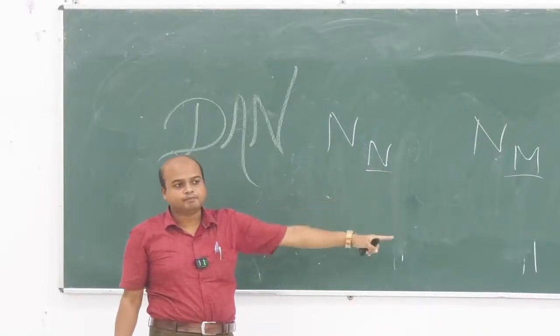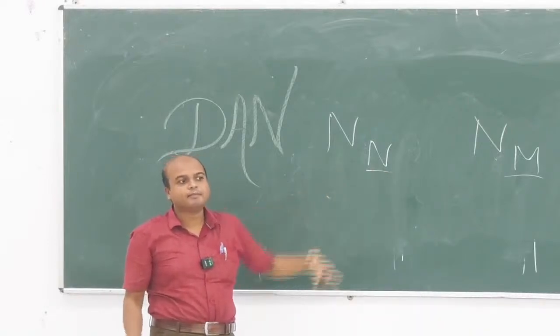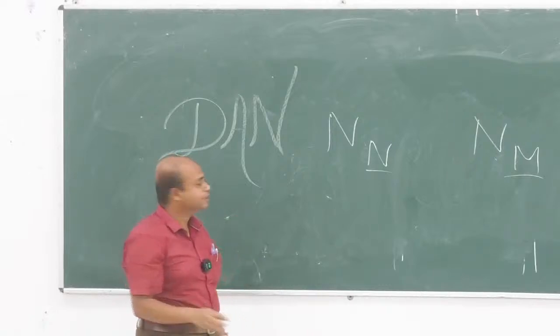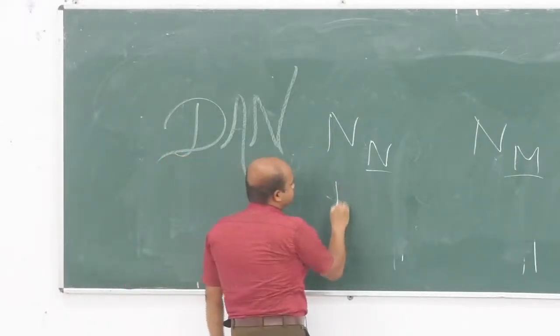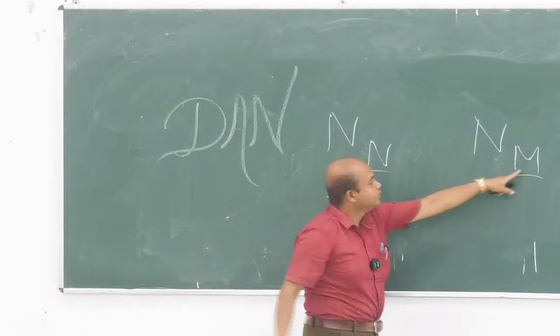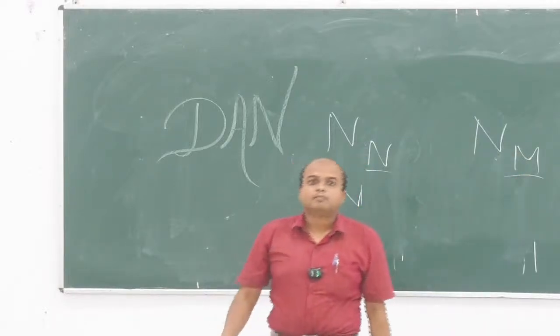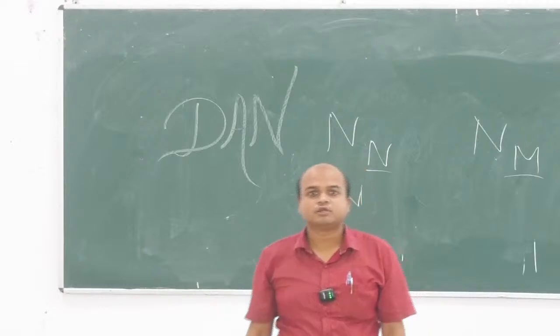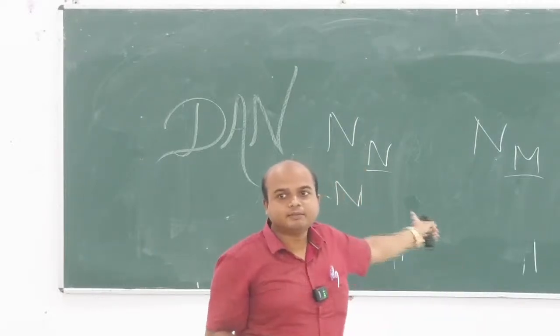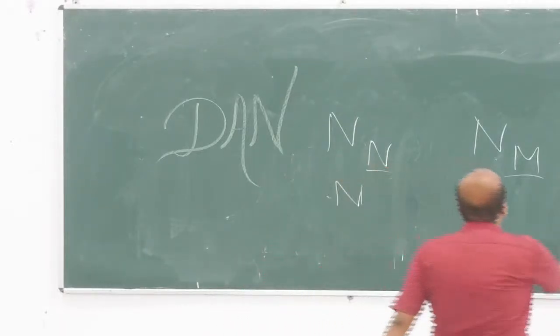NN and NM. This second N and M are subscripts written just below. These are called subscripts. To avoid confusion, because for beginners this M might be mistaken, this M is not for muscarinic. Muscarinic is single M.